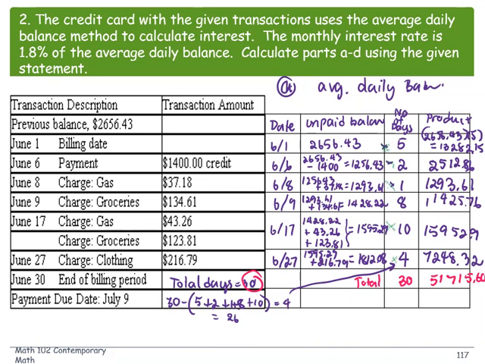So we add all of these numbers together, 1, 2, 3, 4, 5, 6 numbers, to get 51715.60. And then after we get this number, we're going to divide to get the average daily balance.